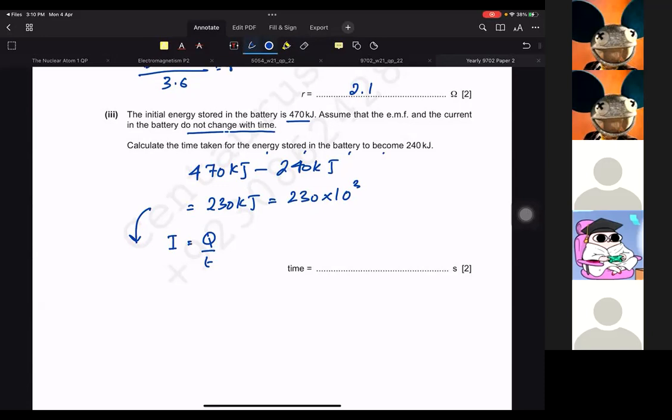The voltage of the battery was 12. So I'm going to use energy equals V times Q. I have to find this charge. So this is 12, and energy was 230 times 10 raised to 3. This is a tough question, really.